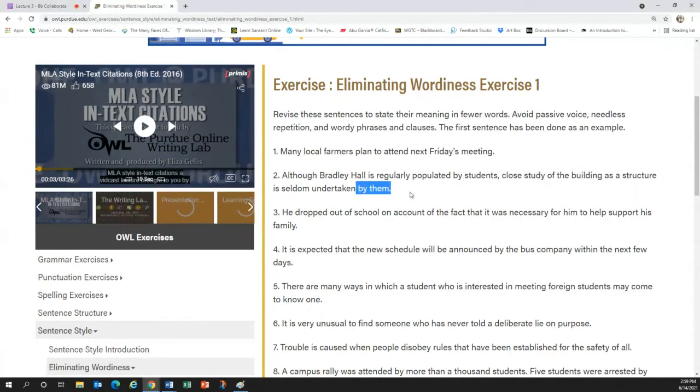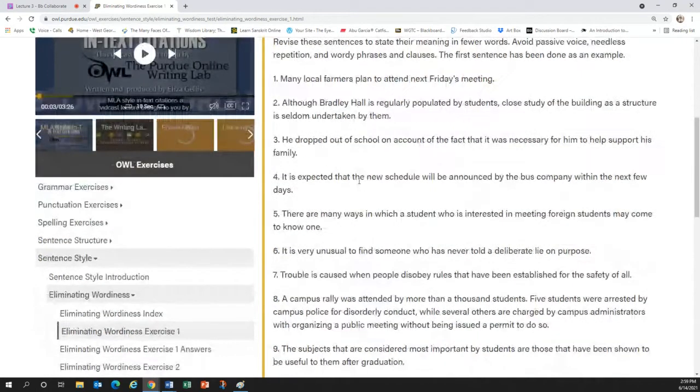Seldom undertaken by them. I wonder if we could restructure this to say, although Bradley Hall is regularly populated by students, they rarely study the building closely. I don't even know if you need all this undertake and all this stuff, but we'll see what they got. We'll check out their answers in the end.